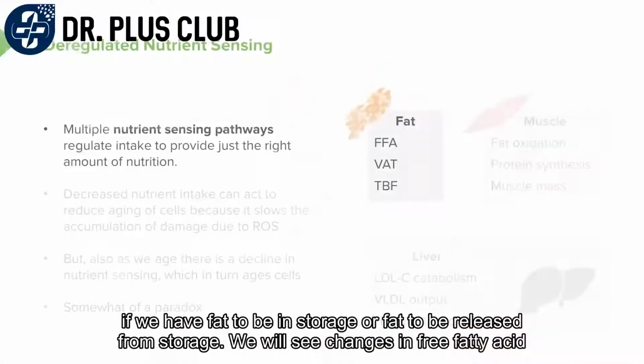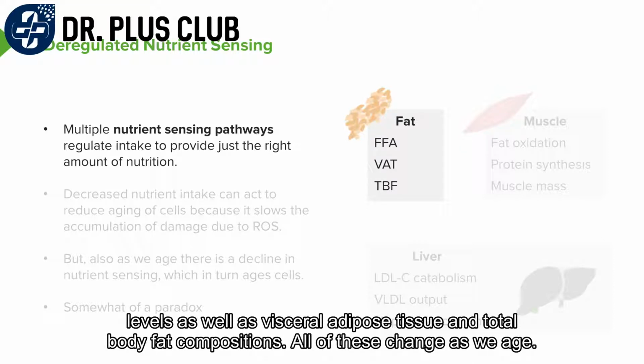If we have fat to be in storage or fat to be released from storage, we will see changes in free fatty acid levels, as well as visceral adipose tissue and total body fat composition. All of these change as we age.